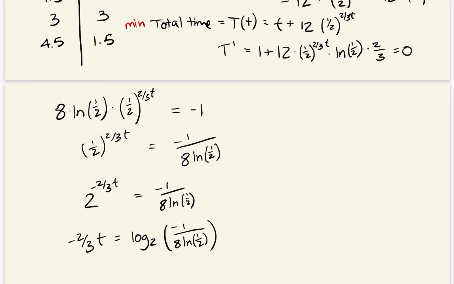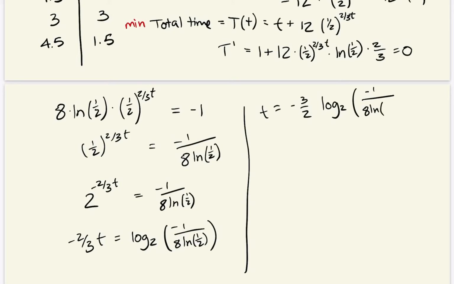And I'm almost done. So now I get t is equal to -3/2 and then times log base 2 of -1/8 log of 1/2. Okay. And this turns out to be about 3.71 years.